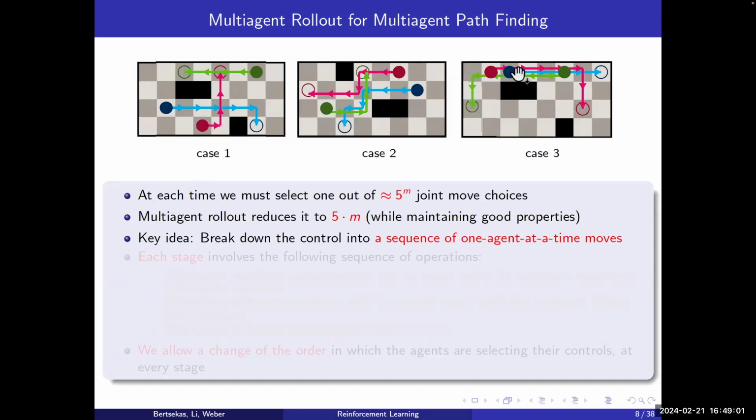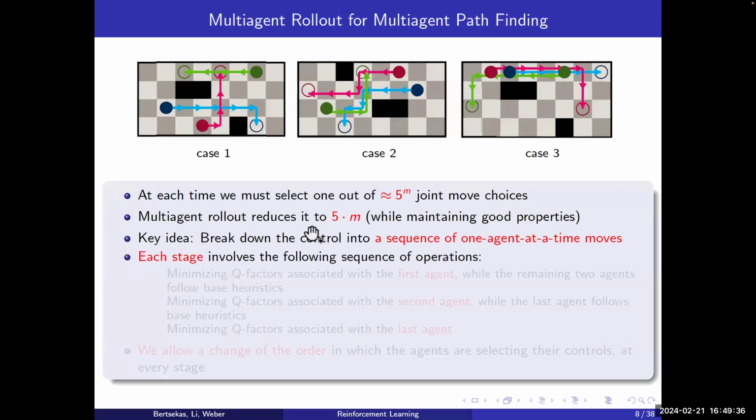And the third case is more extreme, where there is only a narrow corridor for all agents to share if they follow the base heuristic. But we will show that by following multi-agent rollout, in the case where the base heuristic works well, multi-agent rollout can recover the base heuristic, whereas when the base heuristic fails, multi-agent rollout manages to find feasible trajectories for all robots.